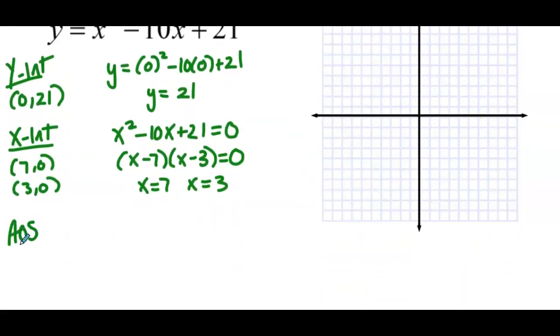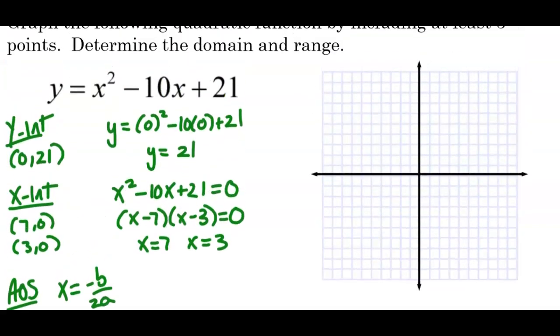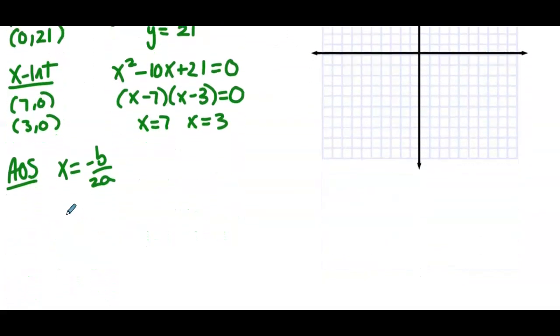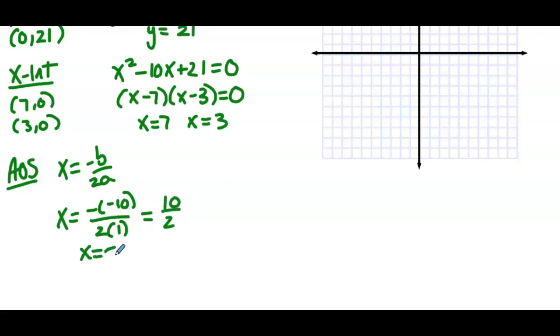Find the axis of symmetry next. So x equals negative b over 2a. So here b is negative 10 and a is 1. So we have the negation of negative 10 over 2 times 1. So that's positive 10 over 2, x equals 5. So the vertex is the point with an x value of 5.